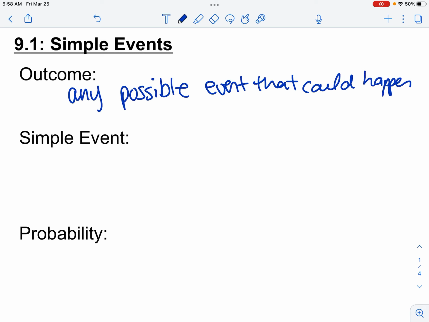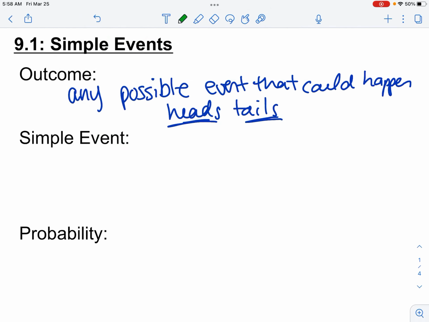So, for example, let's say you're flipping a coin. We know when you flip a coin, your choices are either going to be heads or tails. So those are the outcomes, heads, tails. If you were to roll a die, your outcomes would be 1, 2, 3, 4, 5, 6. So it's just any possible event that could happen out of what you're doing.